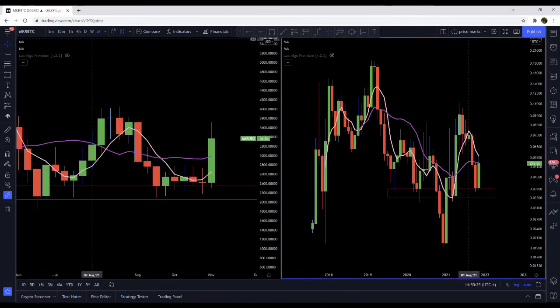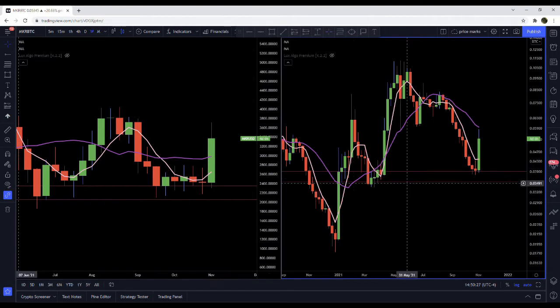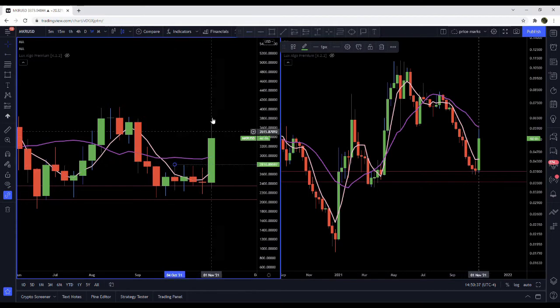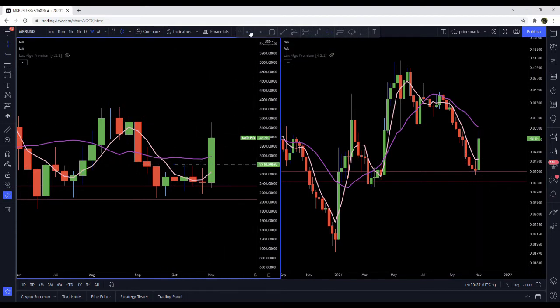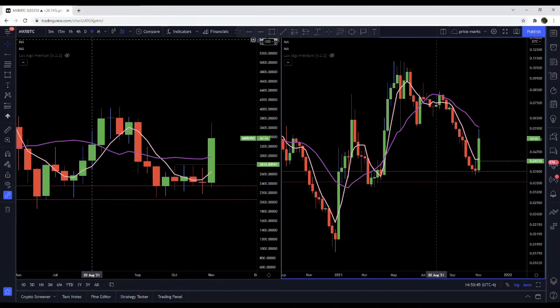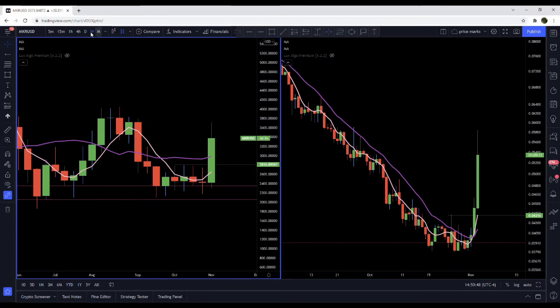Let's go to the weekly. And there we go. I'm going to take structure there, structure there on the weekly. Let's take them down to the daily.